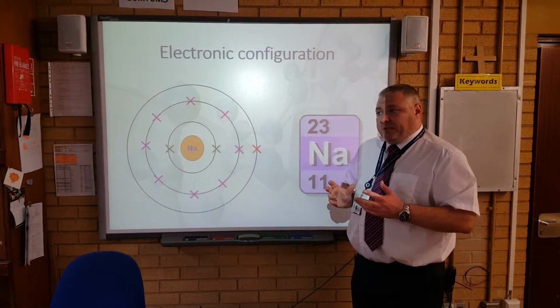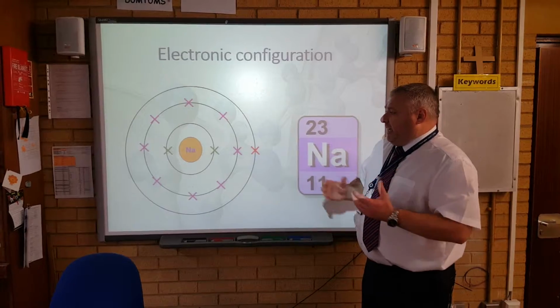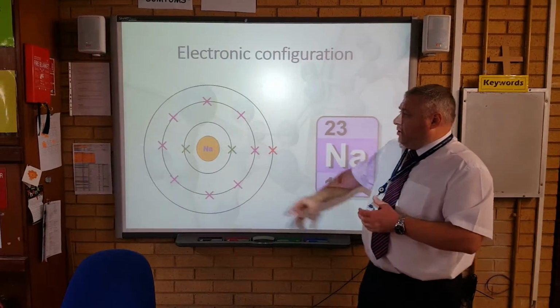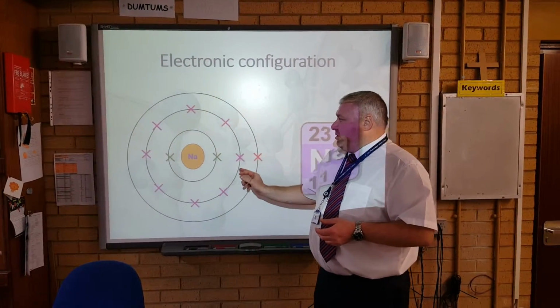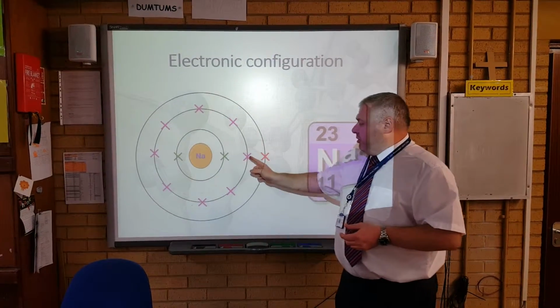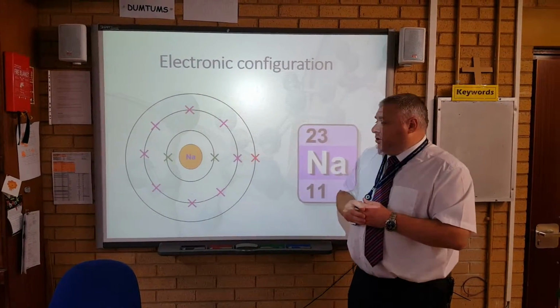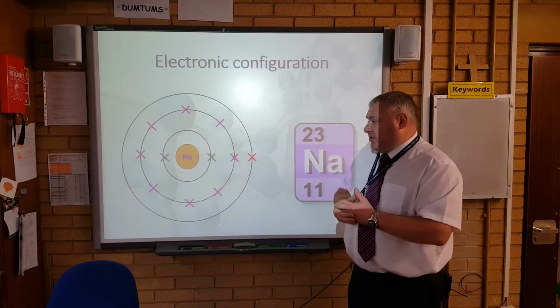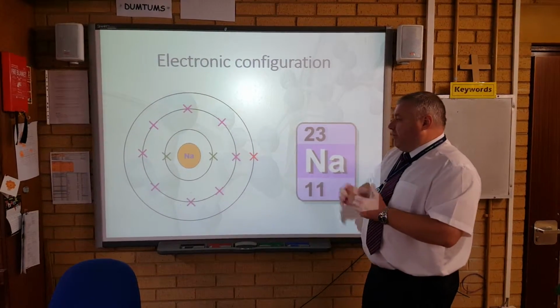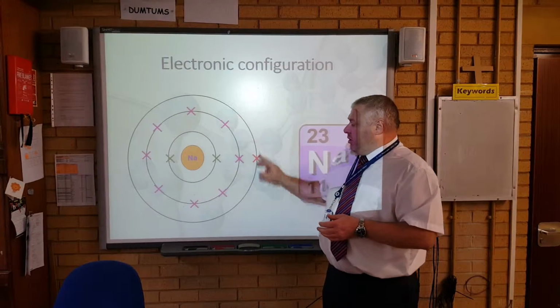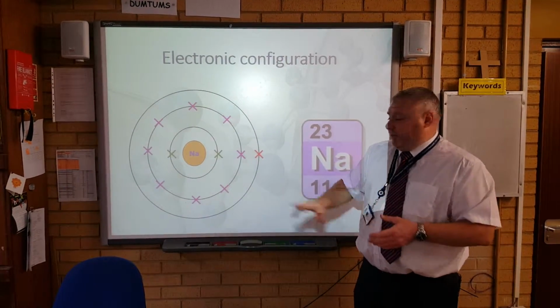But we've still got another 9 electrons to put in. So we can put 8 in the next shell: 1, 2, 3, 4, 5, 6, 7, 8. Altogether now we've put 10 electrons in. We want to put 11, so we've got 1 electron left in this third shell, and that's what we put there.